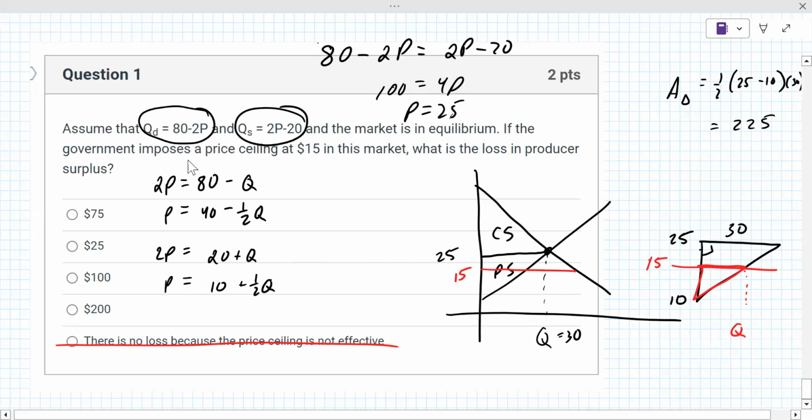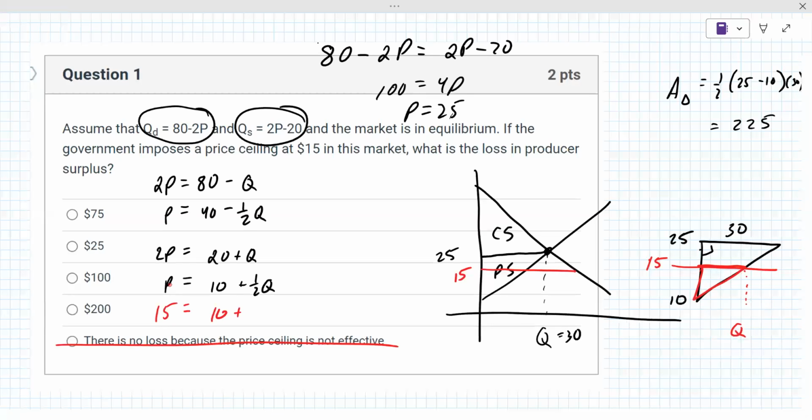Oh, I'm sorry, we put in the wrong equation. Okay, so we put 15 here on the P value, 10 plus 1/2 Q. When you solve for Q, you end up getting 10. So instead of being 30, it's 10.